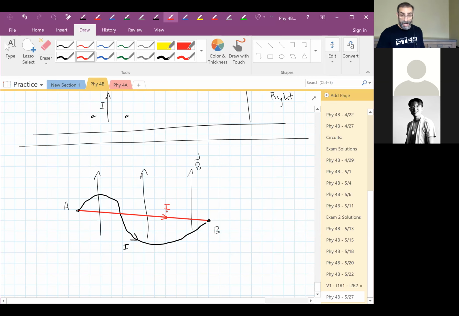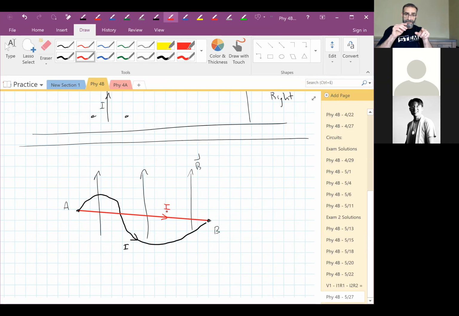with the same current. And it turns out the force is the same because all the motion perpendicular to that straight line path from A to B, the motion of the charged particles in the wire, cancels out. Whatever goes up has to come back down, right?